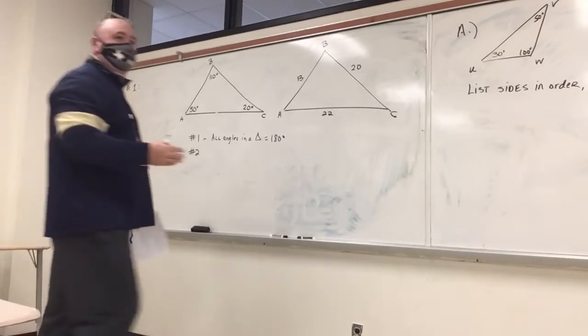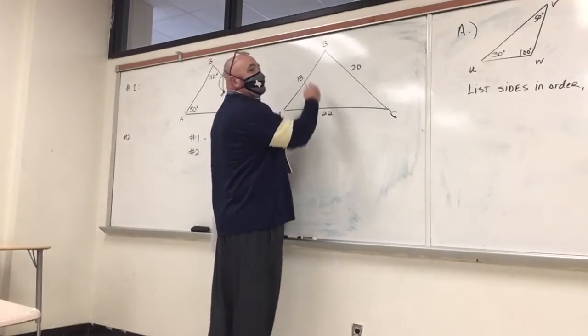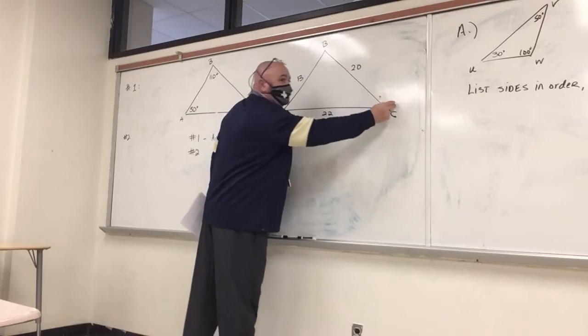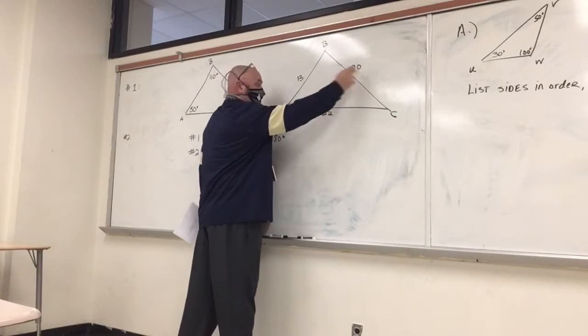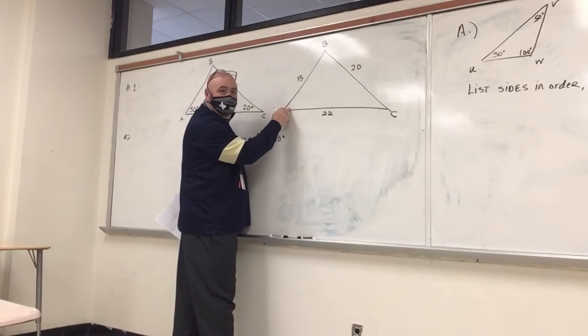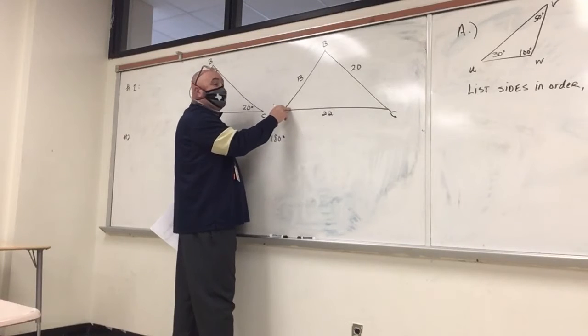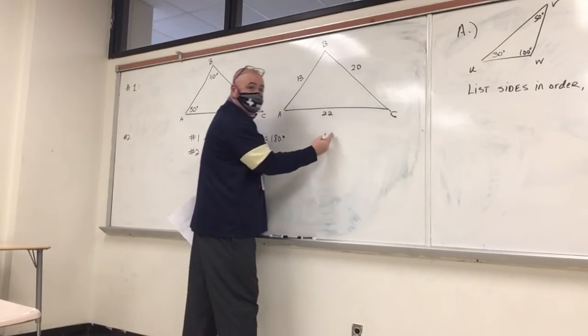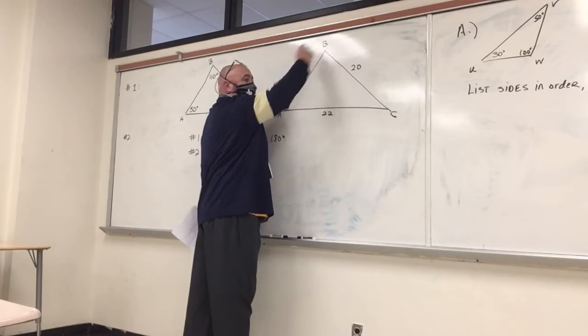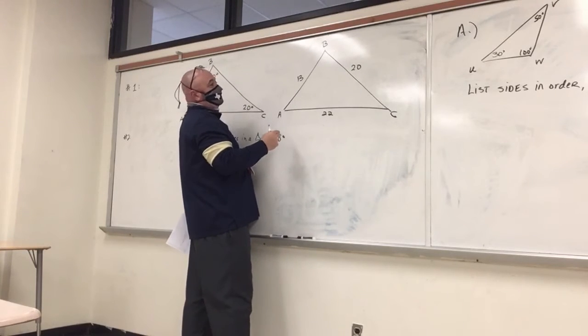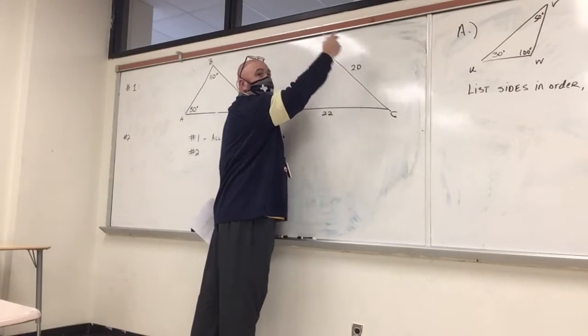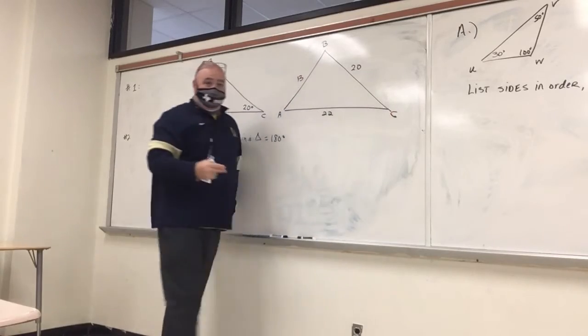Yes? Okay, let's look at angles now. What angle is opposite side BC? Angle A. What angle is opposite side AC? Angle B. And what angle is opposite side AB? C. Does everybody understand that?